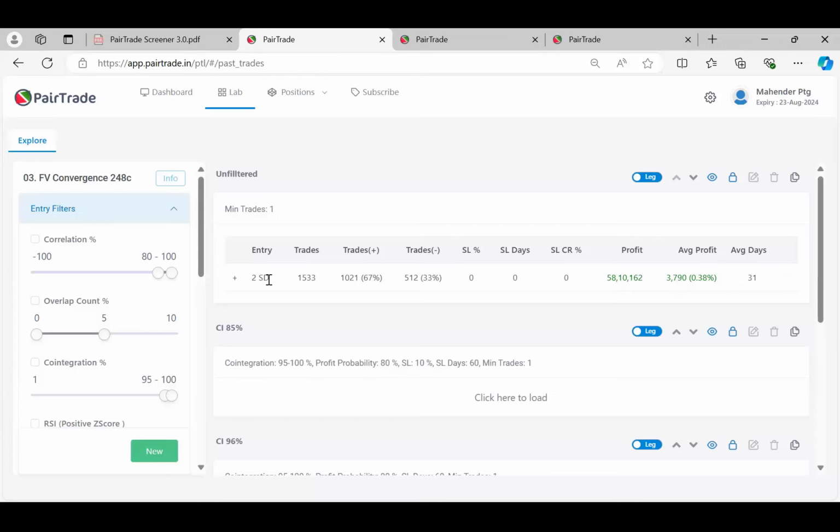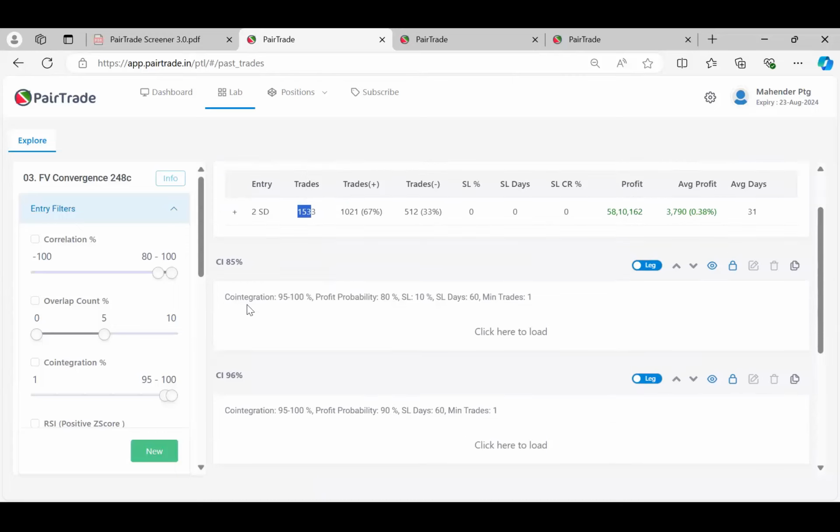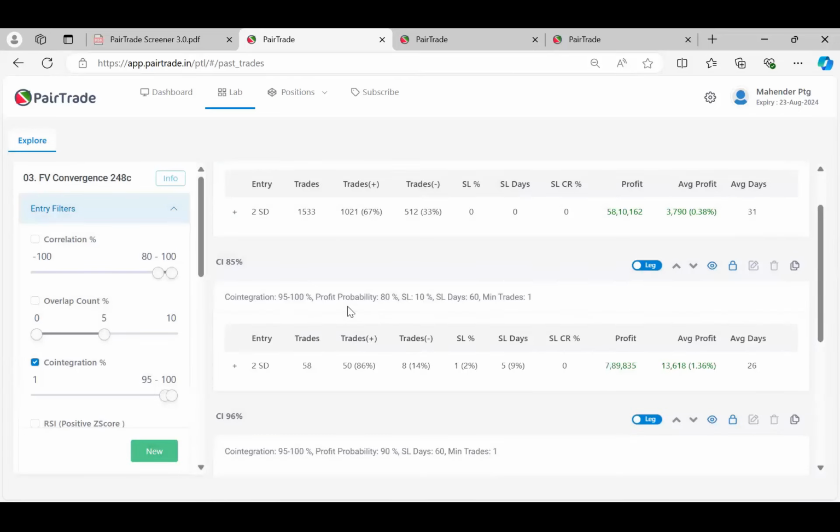So it is only 2 standard deviation, 1500 trades in last 3 years. Now with co-integration 95 to 100 and profit probability of 80% with stop loss of 10%, stop loss days of 60, the number of trades have come down, but the accuracy is like 85%, 86% here, which is good.